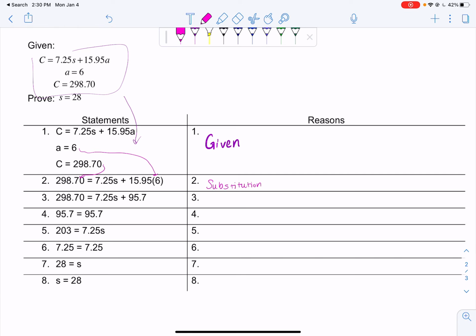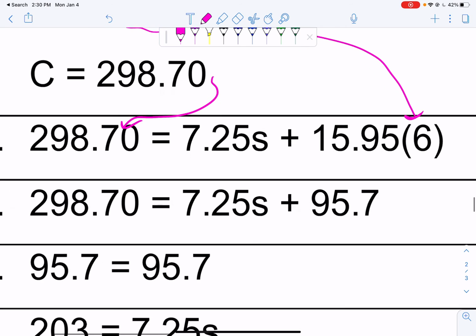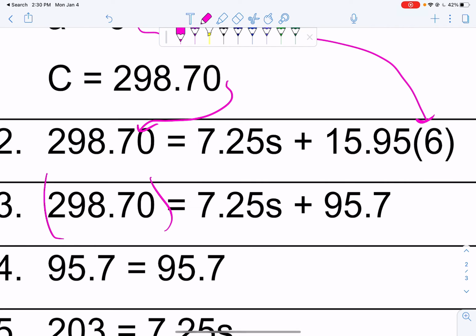Step 3. If you look, I actually finished the 15.95 times 6. Here's the issue. You might think that it says multiplication. You can't write multiplication, sadly. You actually can't write that down because when you're doing multiplication, you would be multiplying on both sides of your equation. And if you look, I'm not multiplying this side of my equation by 6.